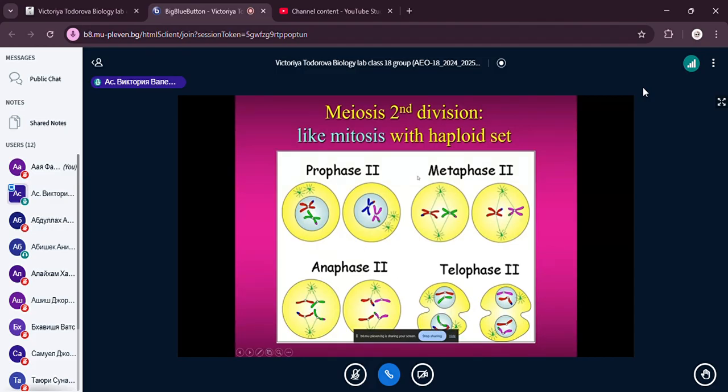Both of these cells divide, and at the end, after anaphase 2 and the cytokinesis, we have 4 cells and they are haploid, with just one copy of DNA, or with just one of the sister chromatids.